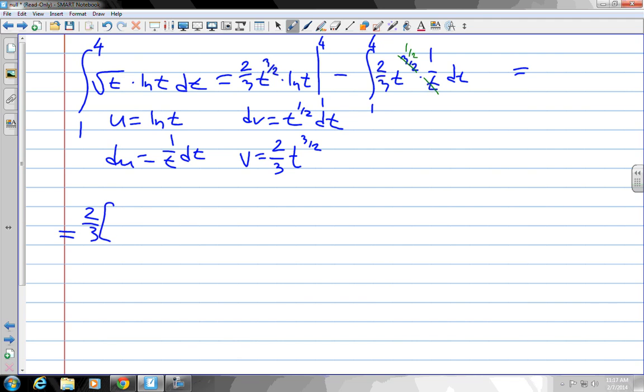It is weird to keep track of all the computations. So 2/3 times 4 to the 3/2 times ln of 4 minus, well, that's going to be 0 when you plug in 1. As that first thing evaluated, minus 2/3 times the integral of t to the 1/2. We already did that, so it's another 2/3 times t to the 3/2 evaluated from 1 to 4, right?